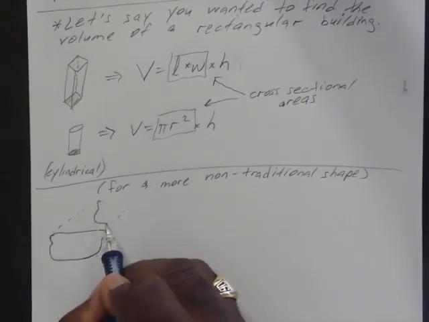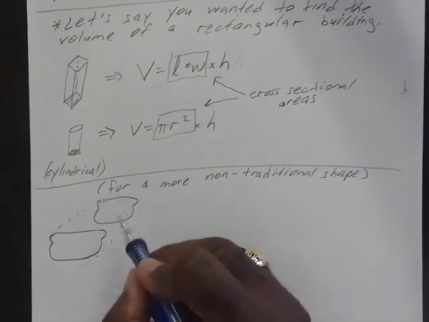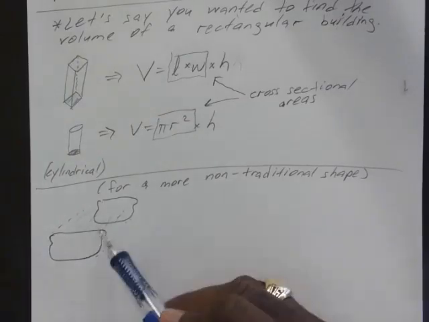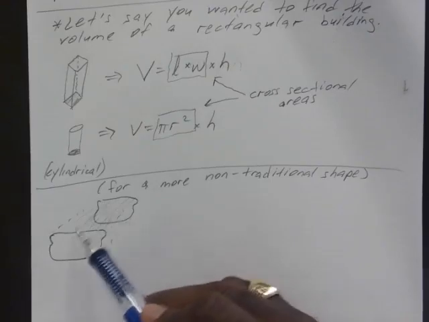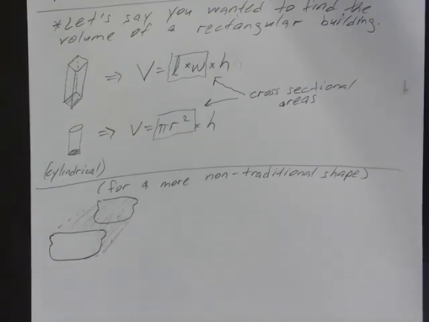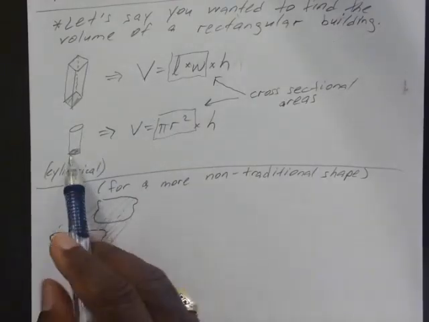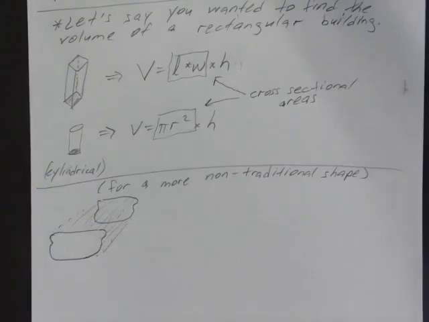Okay, so just the volume of a loaf of bread. And you can just have the front and the back and the rest of it in between. Okay, so with this, all we're going to do is pick a cross section of this piece of bread.